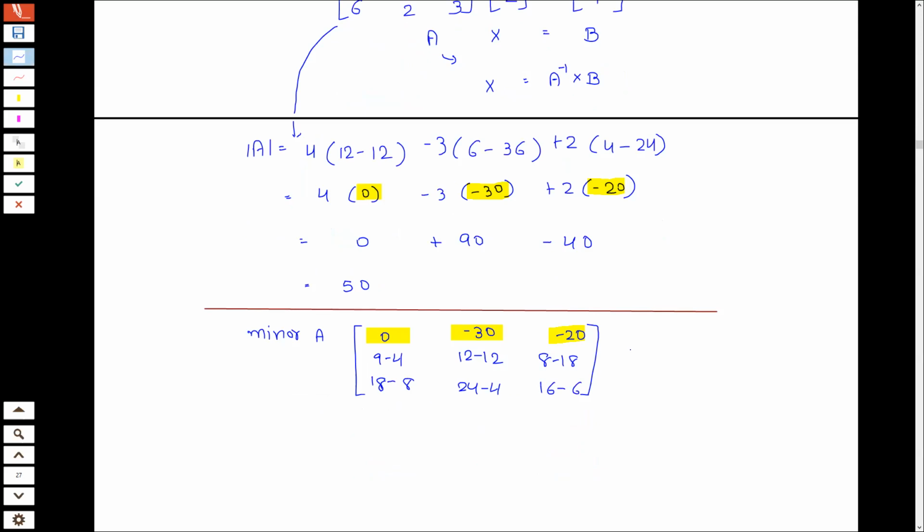So I will get the minor matrix 0 minus 30 minus 20, 9 minus 4, 5, 0, minus 10, plus 10, 20, and 10.